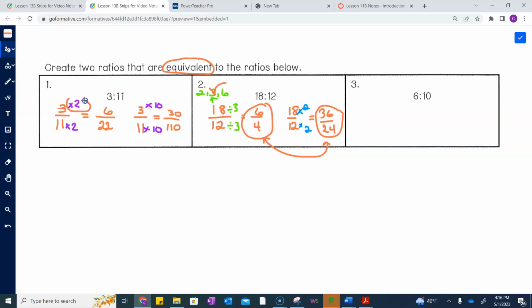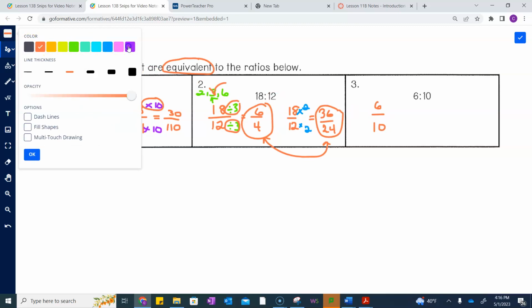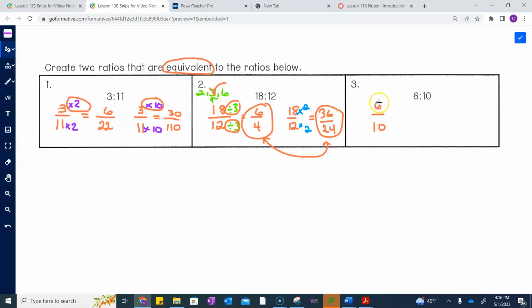These are my multipliers when I'm multiplying to generate my equivalent fractions, or I have factors here that I'm using to generate my equivalent fractions, to scale them up when I multiply and scale them down when I divide. Okay, 6 to 10. When I look at this one, I know I can either scale it up, but I can even scale it down because this is not in lowest terms.